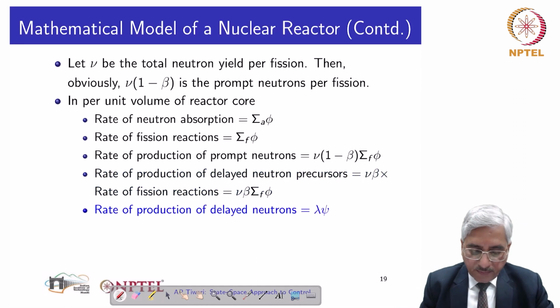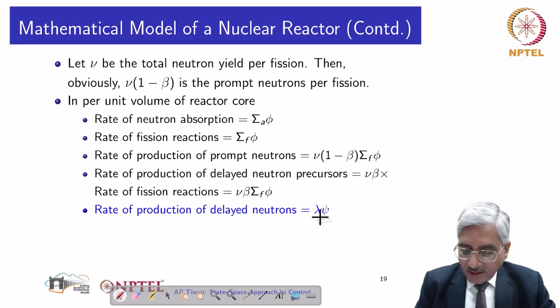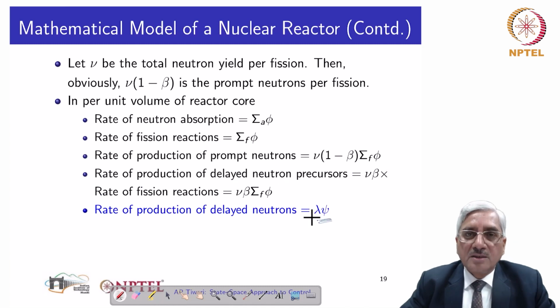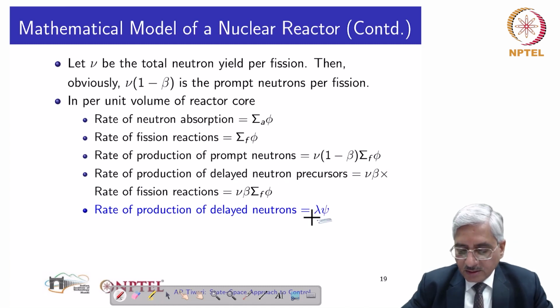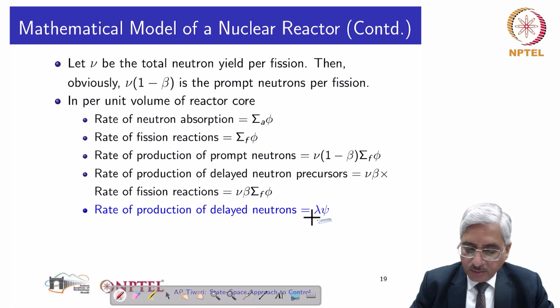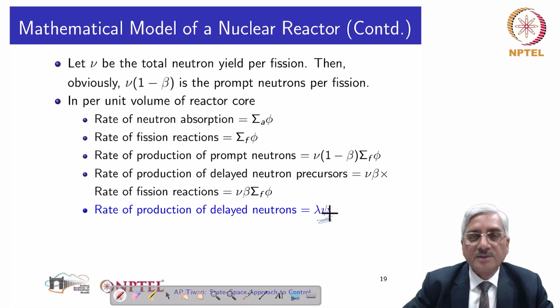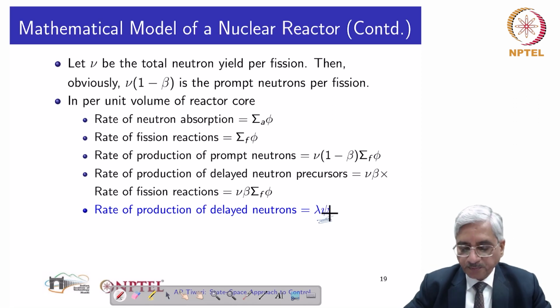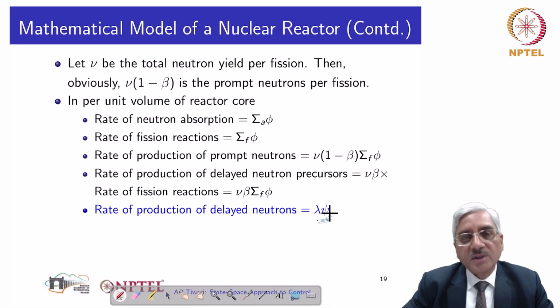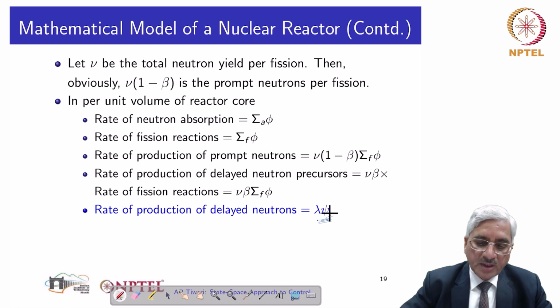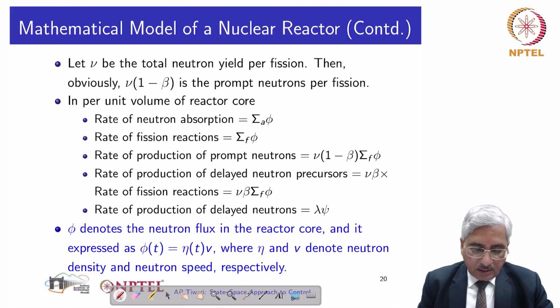For the rate of production of delayed neutrons, this is the radioactive decay rate of delayed neutron precursor, which is the decay constant times the concentration psi of the delayed neutron precursor per unit volume. So lambda times psi is the rate of production of delayed neutrons. This I have already said.